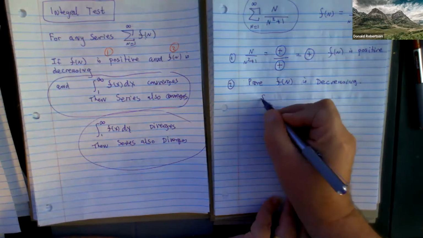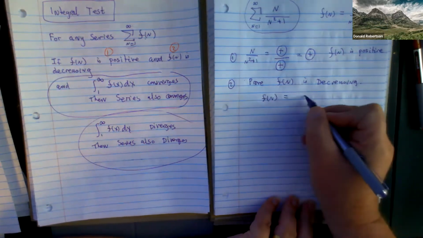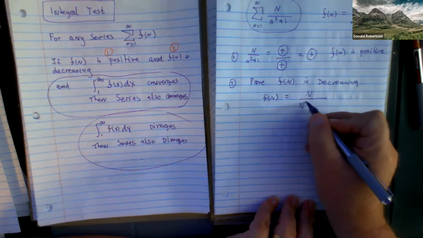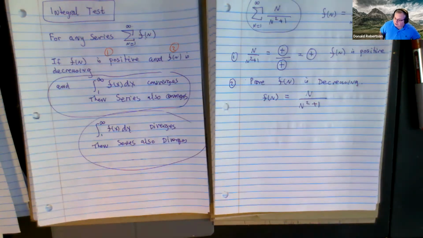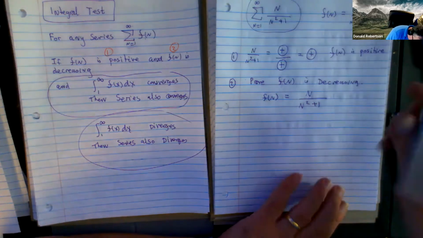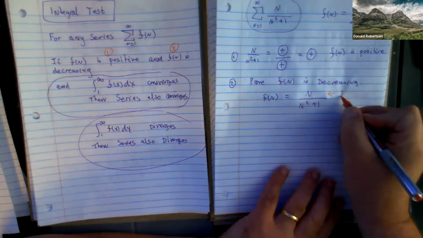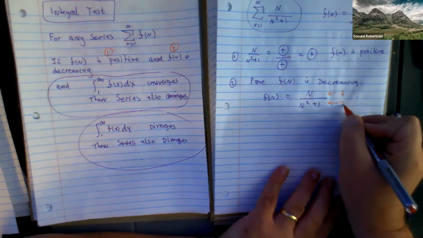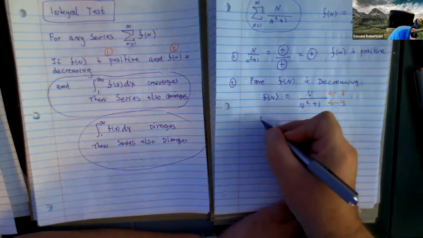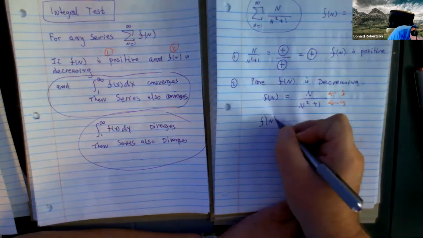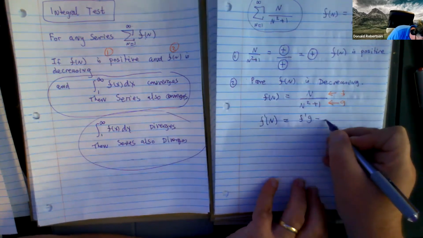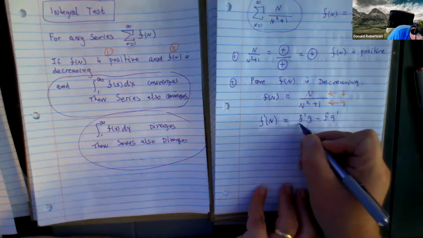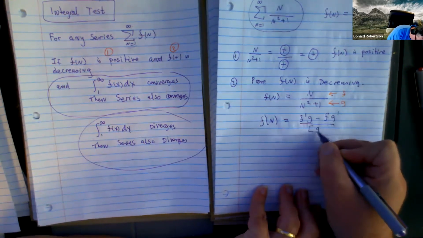So the original function looks like this. And the reason I'm only going to do these two steps once is just a time thing. It's not that you can't differentiate things. It takes forever in a day if you have to do it for every question. So this is f, and this is g, and we're going to differentiate it using what's called the quotient rule. So it's f dash g, take away f g dashed, all over g squared.